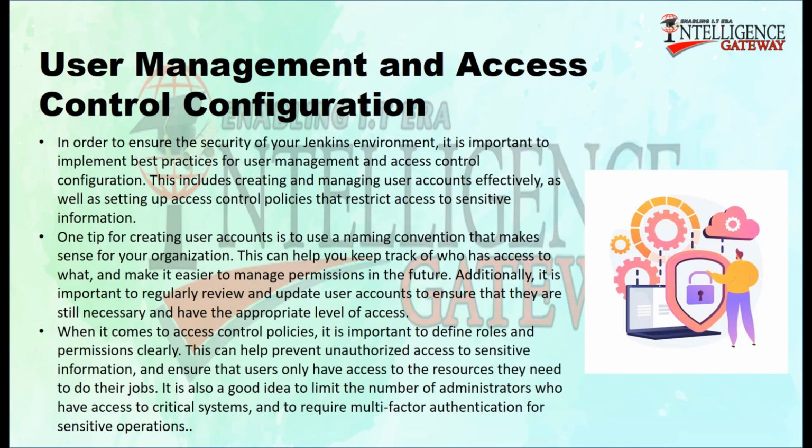One tip for creating user accounts is to use a naming convention that makes sense for your organization. This can help you keep track of who has access to what, and make it easier to manage permissions in the future. Additionally, it is important to regularly review and update user accounts to ensure that they are still necessary and have the appropriate level of access.